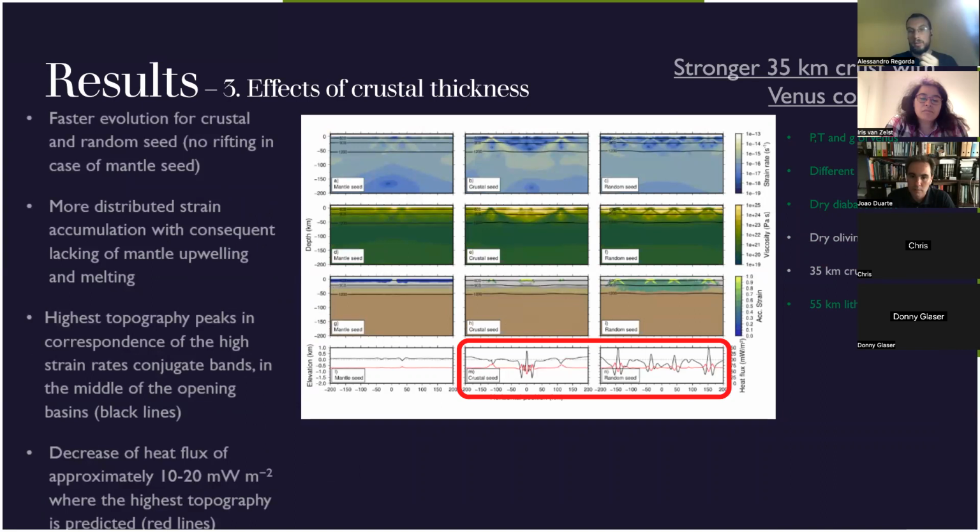No, we just chose to use a thin lithosphere, because there are previous models for the corona from Gerya and Gülcher that use just a 55 kilometer lithosphere. So we decided to use that thickness, but we could try with different thicknesses. It's something we didn't test.